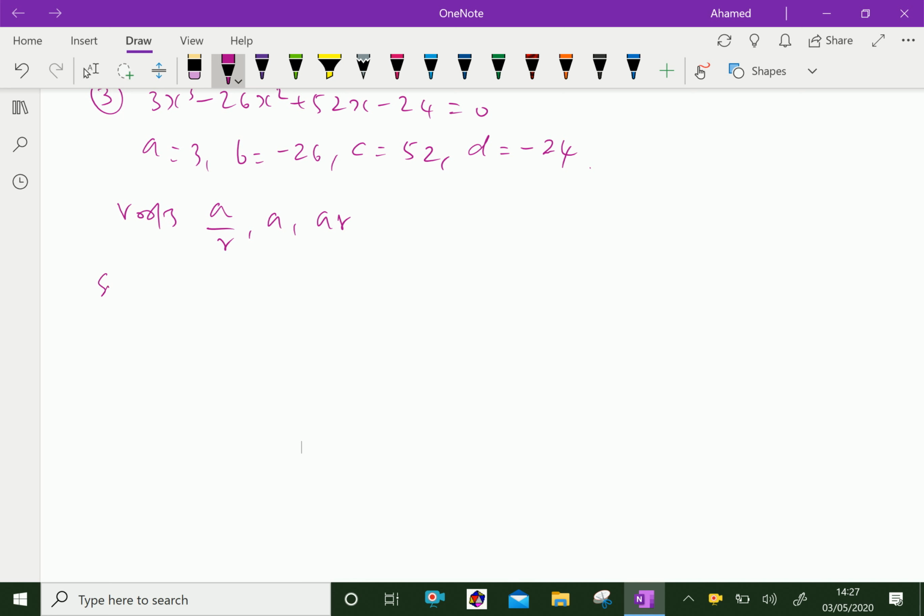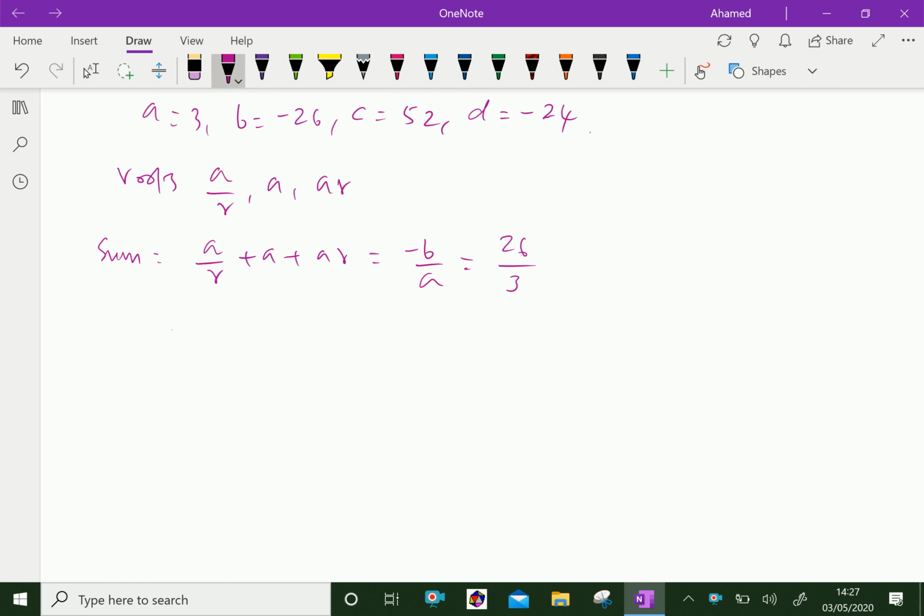Now, the sum of the roots equals a over r plus a plus ar. Here the sum of the roots is minus b by a, which is minus of minus 26, that is 26, over a, which is 3.